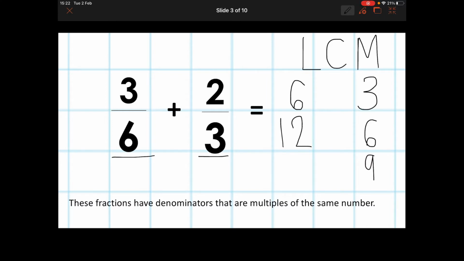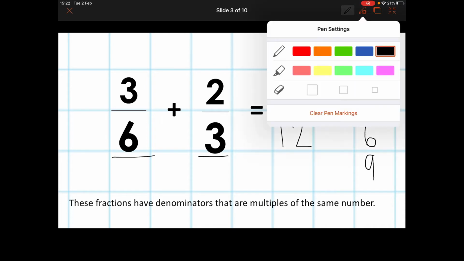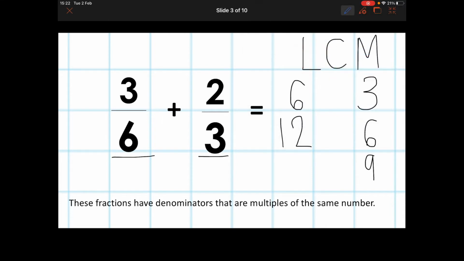And I'm going to pause, because I have gone so far with both times tables and have come to the same number in both. If you have a look at the number that appears in both columns, that is 6, good.